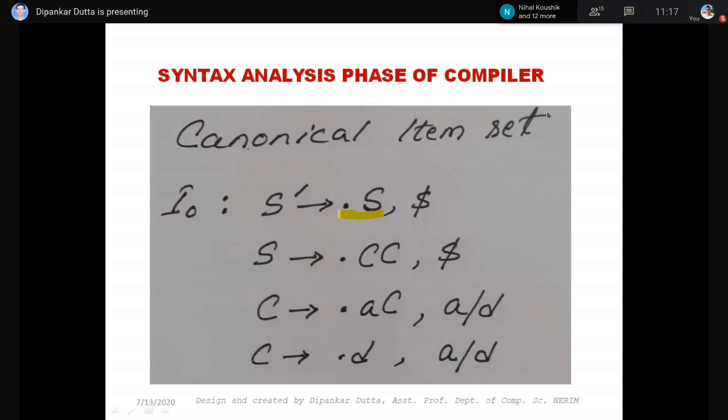If the start symbol capital S is the current input symbol, then always remember the lookahead will be dollar by default. Don't confuse it; it is a default symbol.